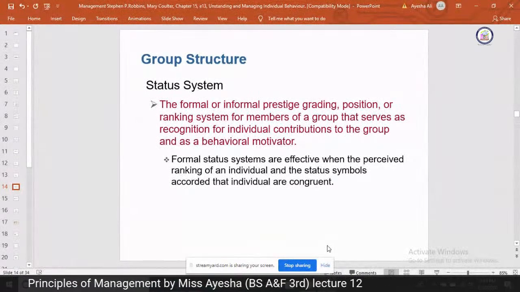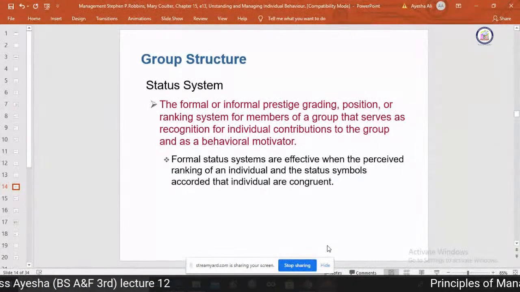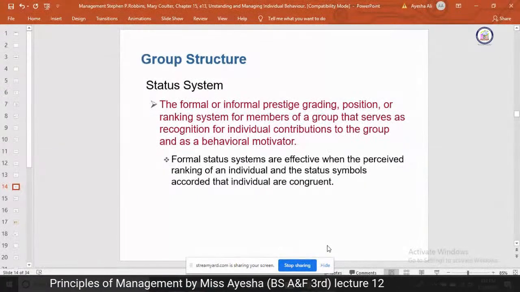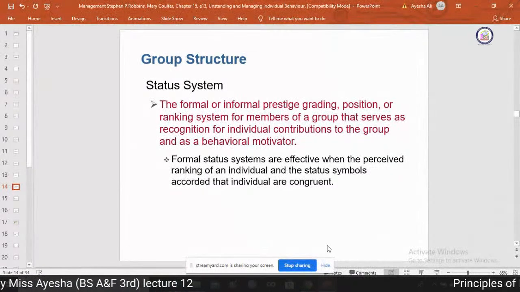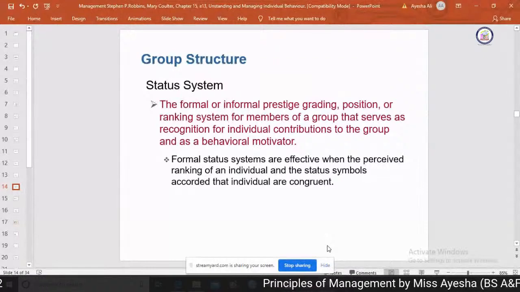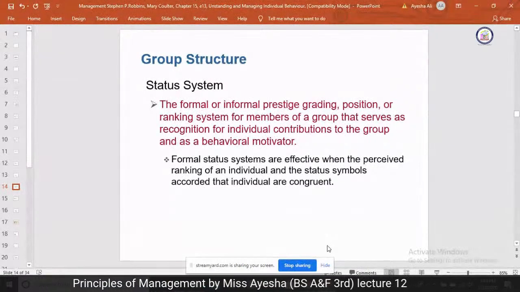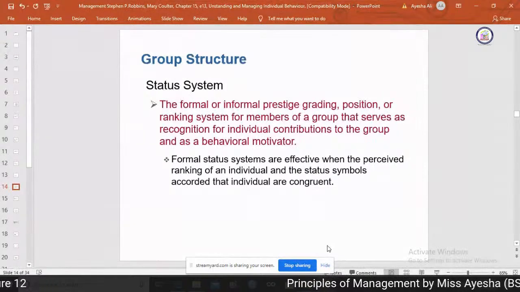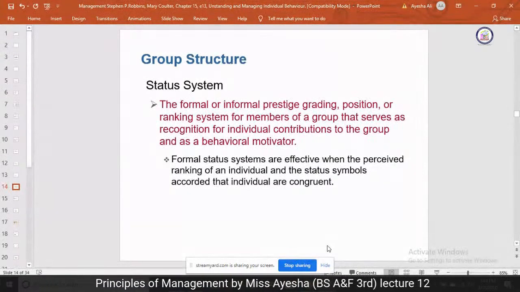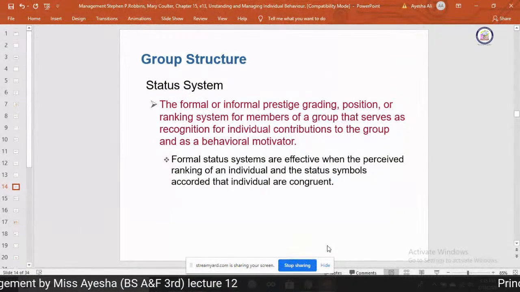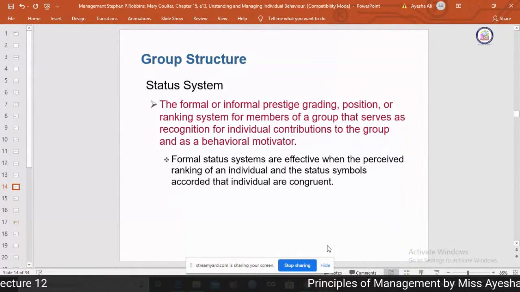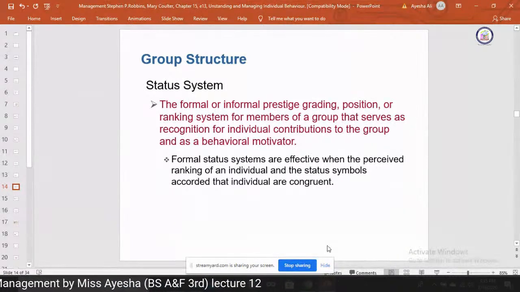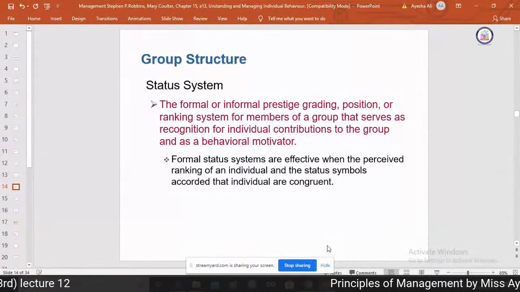So this is the status system, and formal status systems are effective because in this we are organized, and the perceived ranking of individuals in status symbols is congruent. So the status and the individual both are congruent in the formal status system.